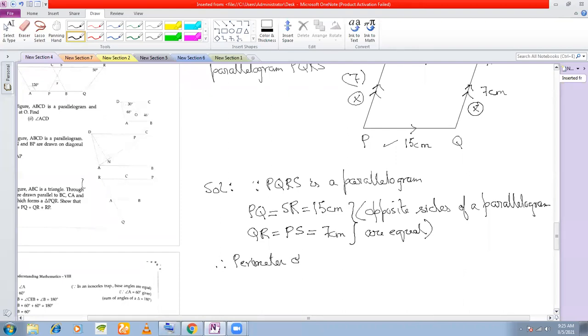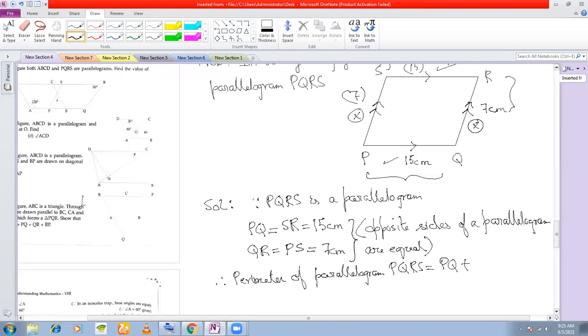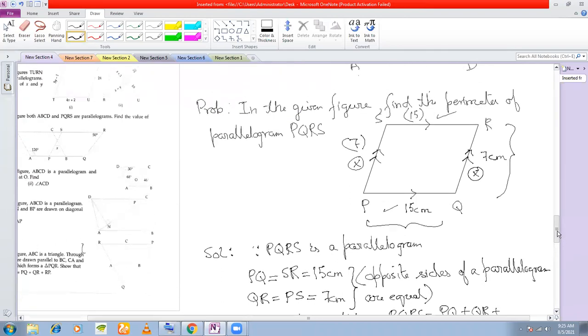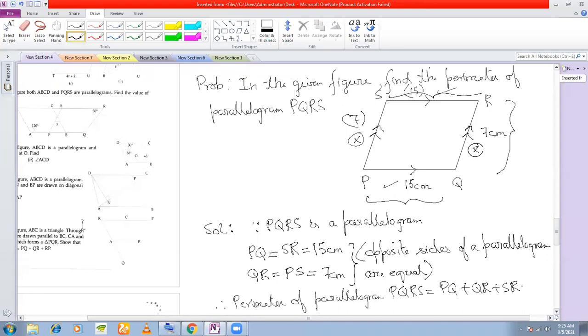Perimeter of parallelogram PQRS is equal to the sum of the boundaries. What are the boundaries? PQ is one length, plus what is the other length? QR, plus what is the other length? SR. And what is the fourth length?